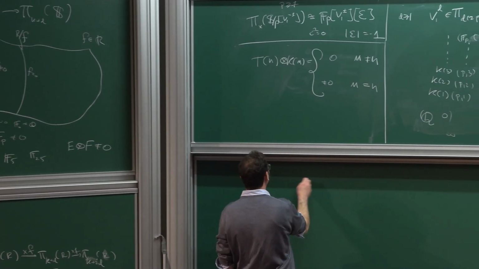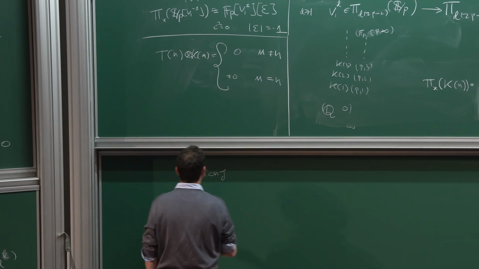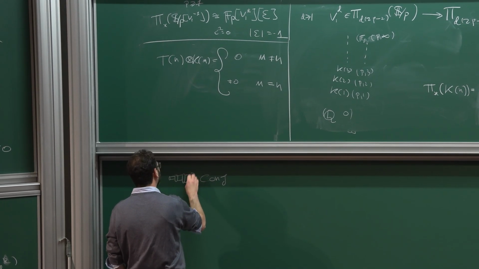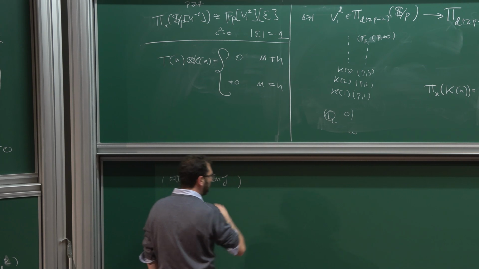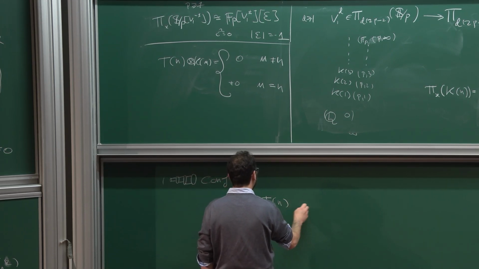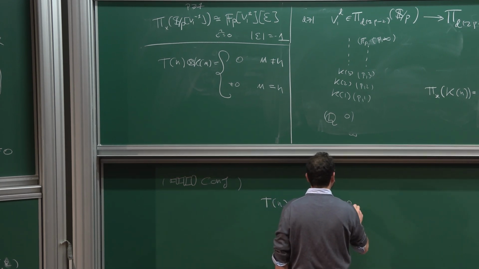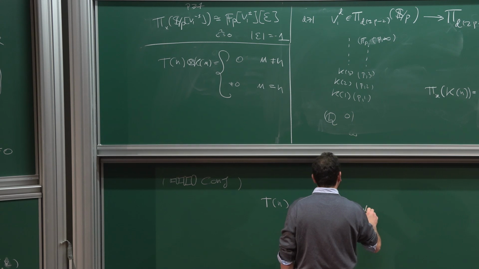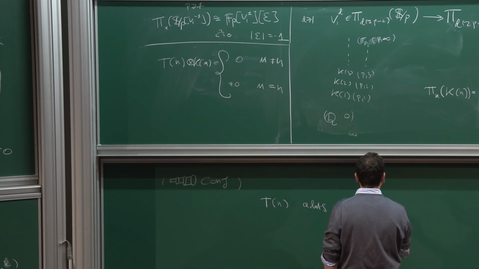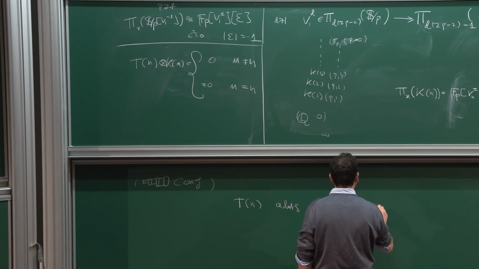So the conjecture, which is known as the telescope conjecture, is that Tn admits a filtration, in some sense suitable to this world, by Kn modules.